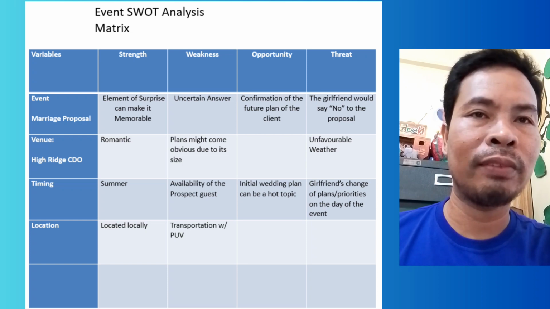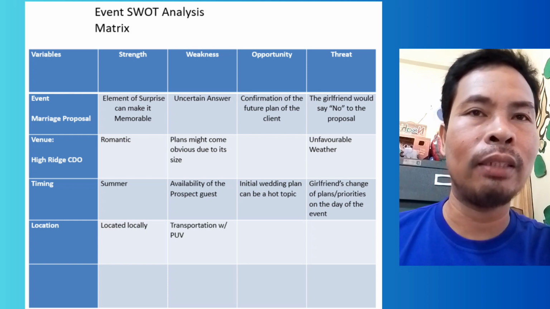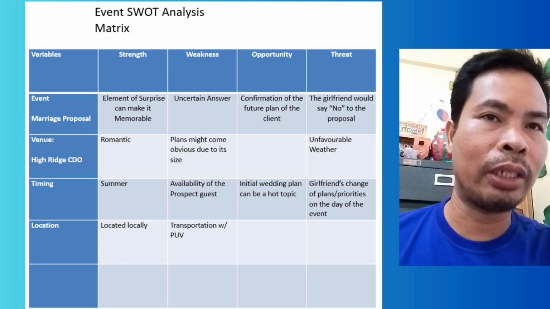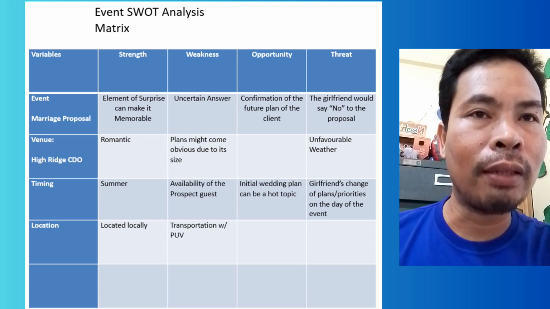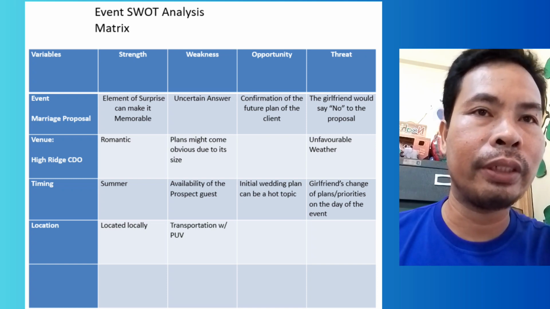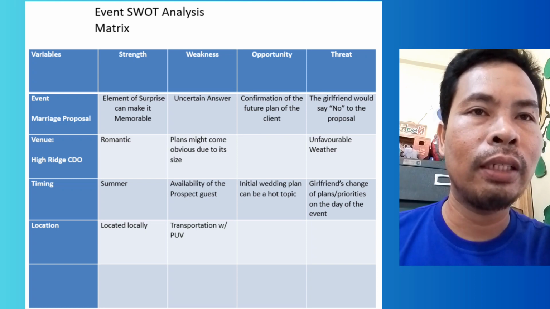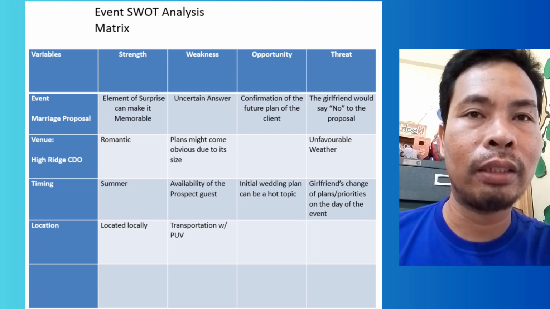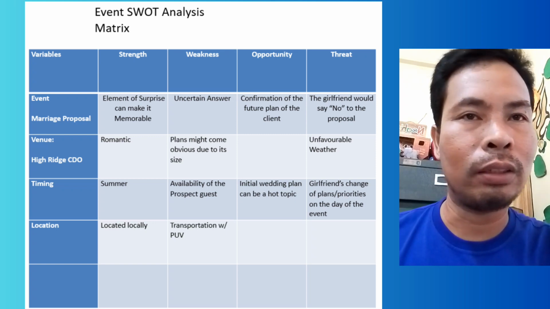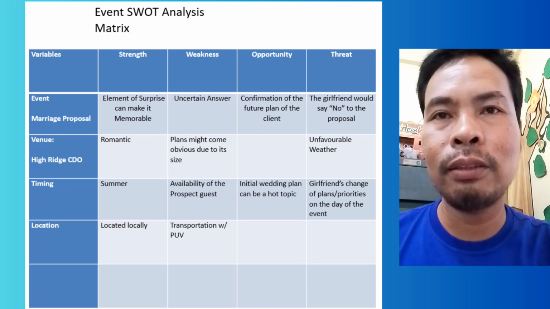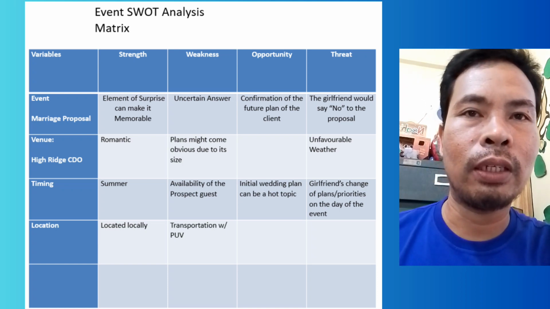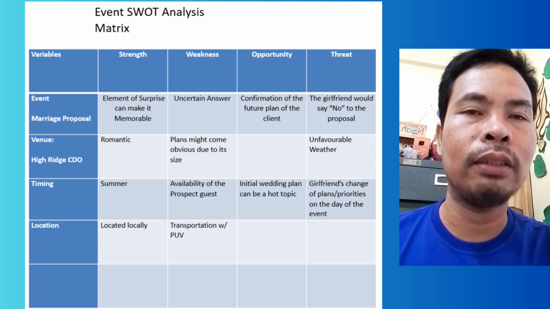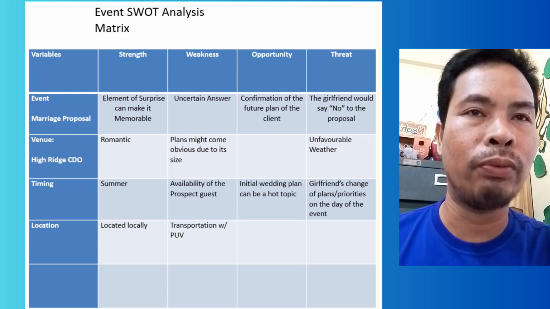So whatever the client's plan, it could be a perfect timing to have initial talks about it. Then the threat, the lady or his girlfriend might change her plans or priorities on the day of the event. Then the location, the strength, it is locally located, and the weakness is the transportation, PUV.